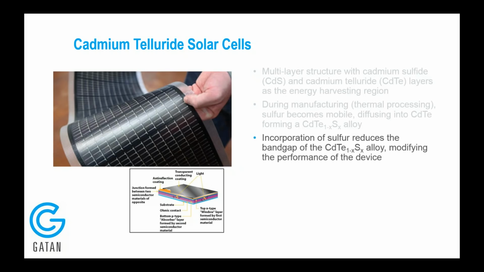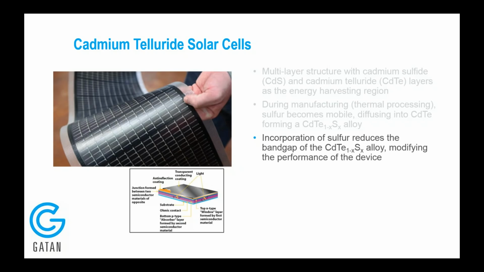Now, whenever you alloy semiconductor materials, you change their electronic properties. You change the band gap of the material. And when you change the band gap of the material, you change the device performance. And so it's critical for researchers to be able to measure and control the band gap of this material through the thickness of the film and also laterally as well.